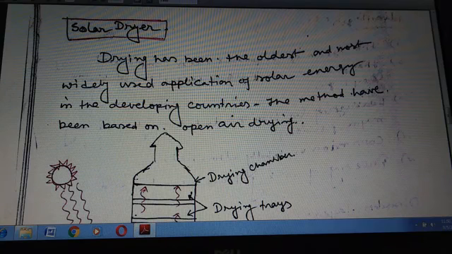The main principle of operation is to raise the temperature of the product, which is usually held within a compartment or box, while at the same time passing air through the chamber to remove the moisture.